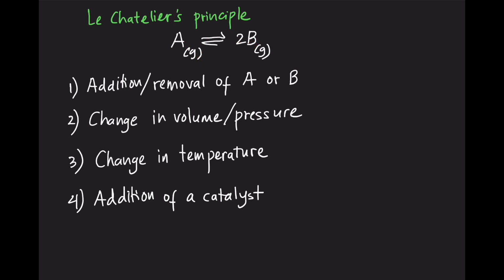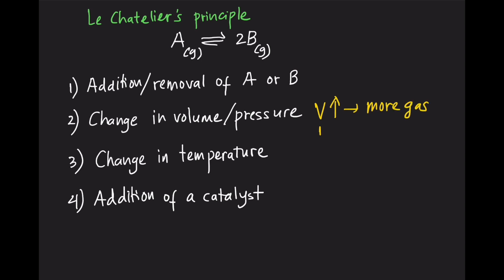Now, the next thing is change in volume or pressure, and this is normally very prominent if you have a gaseous reaction like this. When the volume of the container expands, the reaction will allow forming of more gases, and therefore, if the volume goes up, the reaction will shift toward the one with more gas.